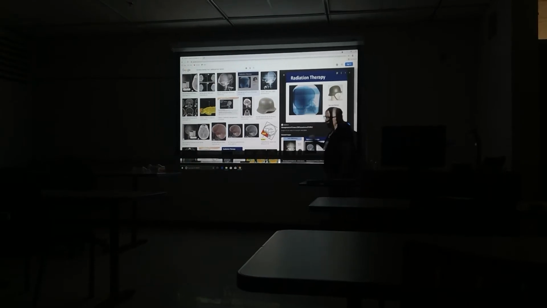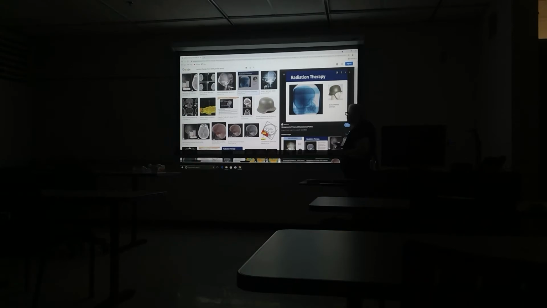The collimator is at 0, and it's usually a 20 by 20 or thereabouts. So that's what they call the German helmet technique. So I'm wondering whether it might be this, because it is open field until you put the shielding on.